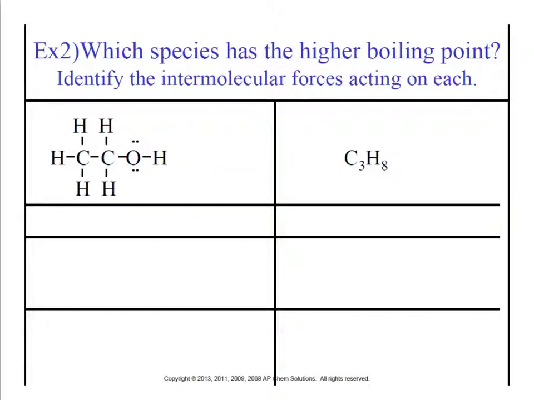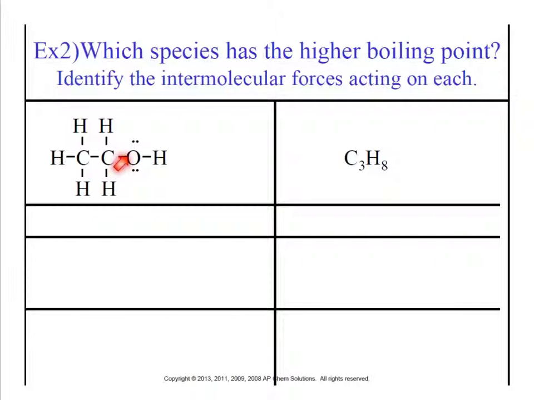All right, we're going to go through and answer a couple different questions about these compounds with the end goal of figuring out which one has the higher boiling point. So we're looking here at this guy, which happens to be ethanol, and this guy right here that happens to be propane. So the first thing we want to figure out, okay, are these polar or nonpolar? Because that's going to make a difference in what the intermolecular forces wind up being. So this molecule right here, it's not symmetrical.